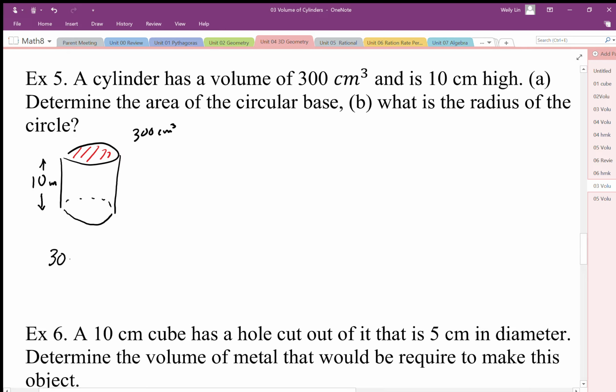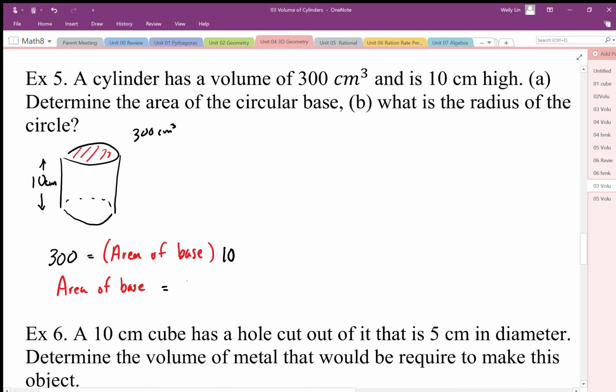So if we have 300 cubes, that's going to be the area times 10 centimeters. To find the area of the base, we're going to undo that multiplication. So we're going to get 30 centimeters squared.